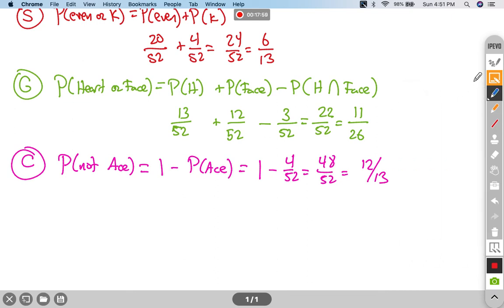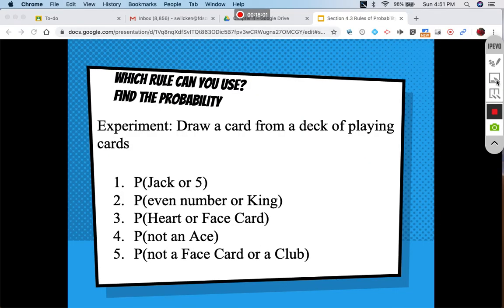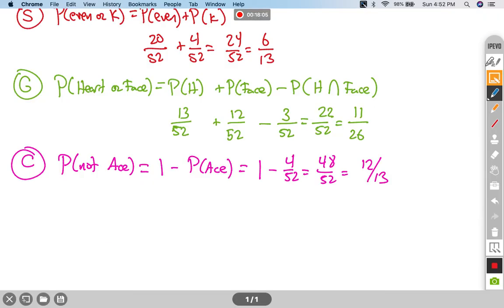Last one, we have not a face card or a club. Now we got to be a little careful when we say not.